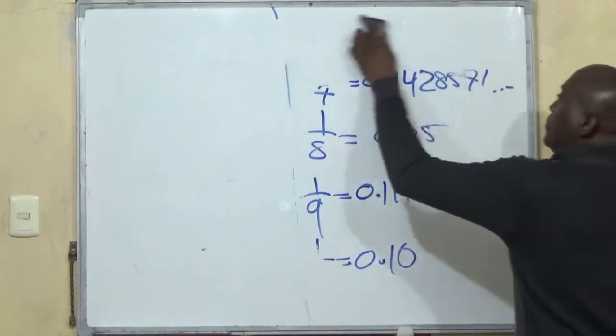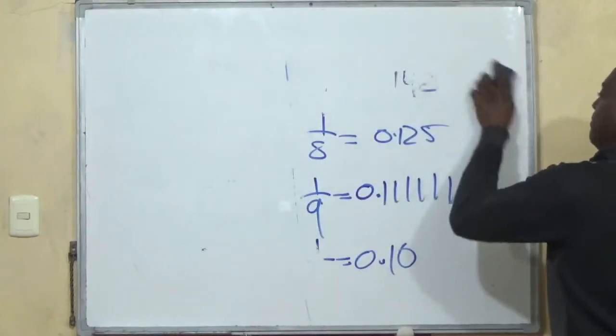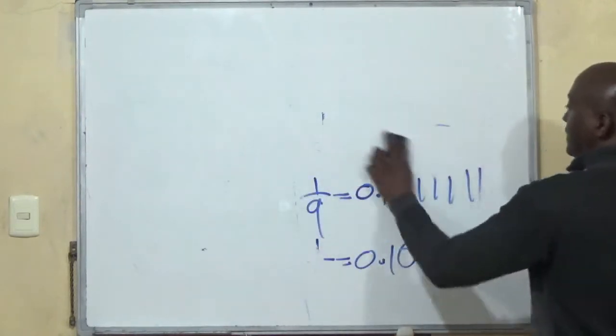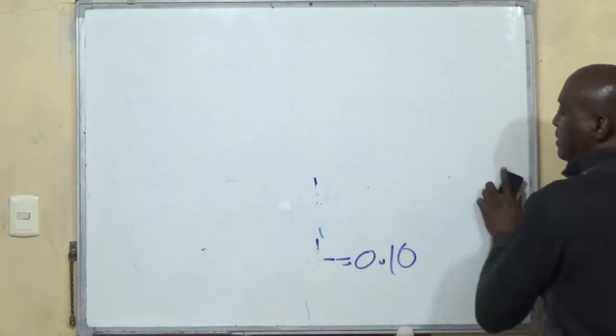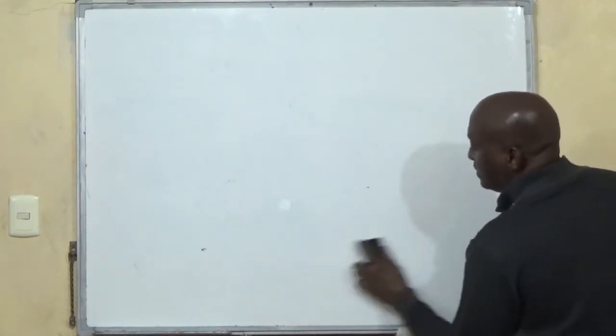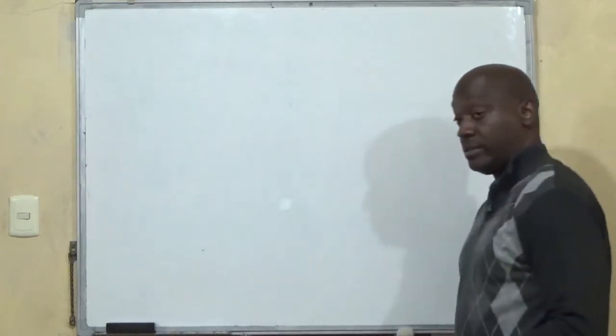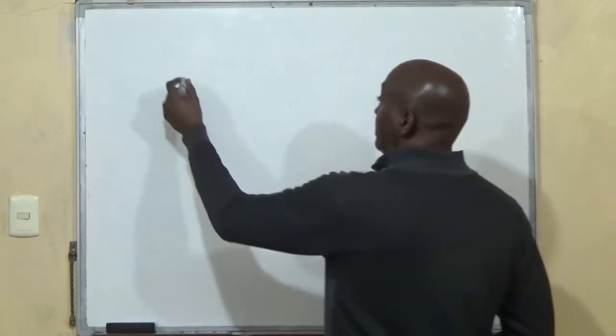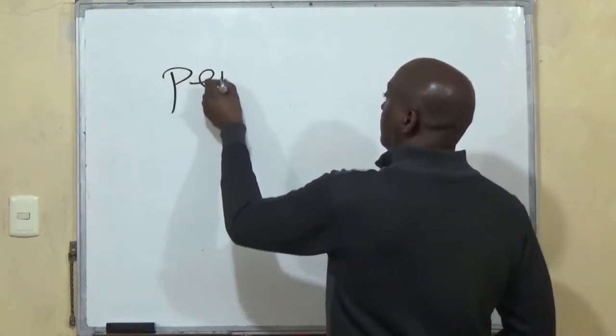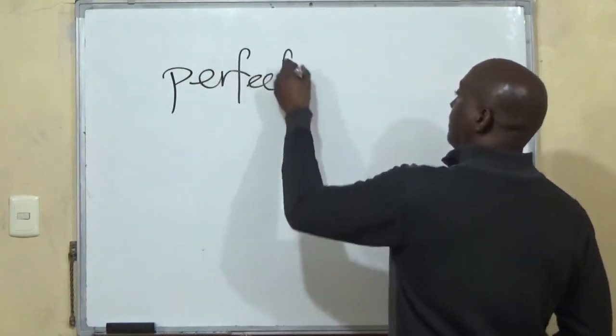So usually we refer to these numbers as square numbers, but I want to use the more elegant phrase. My preferred terminology is perfect square. Alright?